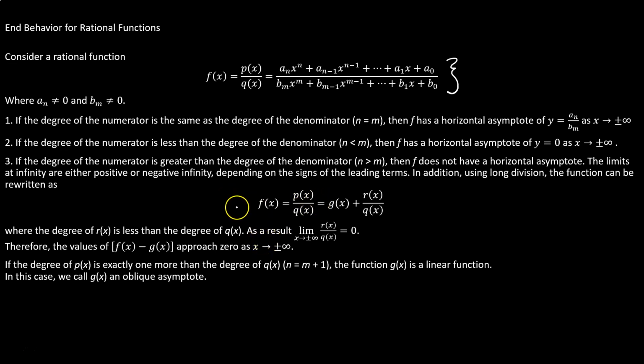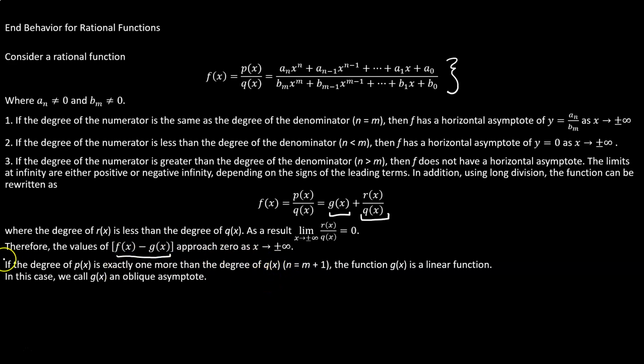So when we have a rational function where the numerator's degree is larger than the denominator's, we could use long division to reduce the degree of the numerator, separating it into something like a mixed number, but for polynomials. In that case, the remainder over the divisor has a 0 limit, so that g of x function, when we subtract it from our original function, is going to give us a 0 as x goes to positive or negative infinity.